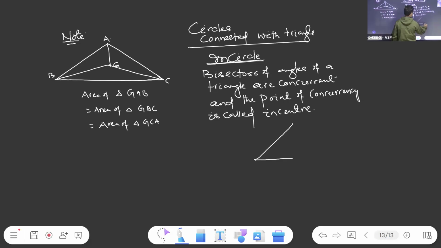This is, suppose, triangle ABC. These three bisectors meet at a point. This point is known as the incenter.